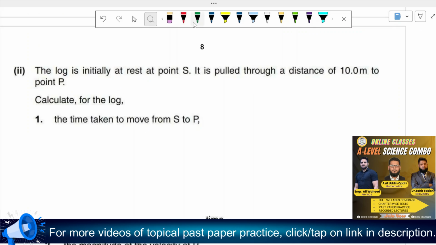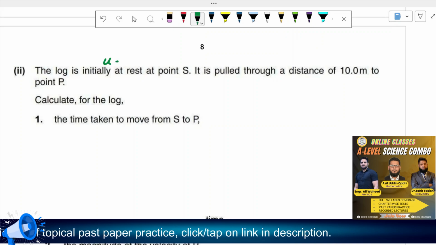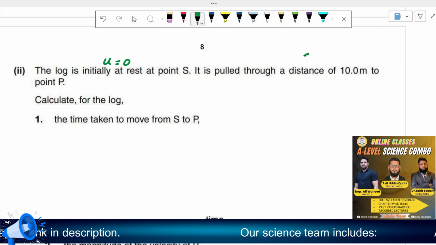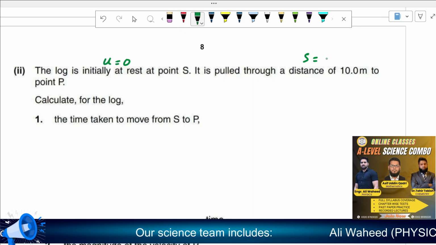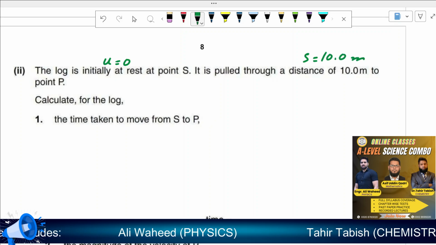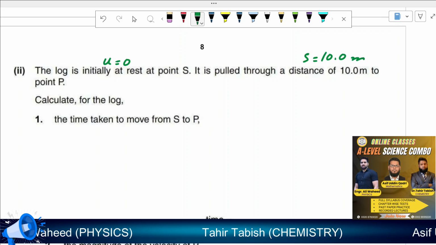The log is initially at rest. Initial velocity is 0. It is pulled through a distance of 10 meters. Distance or displacement, you can say, is 10 meters because it's being pulled in a straight line. So these are essentially the same.